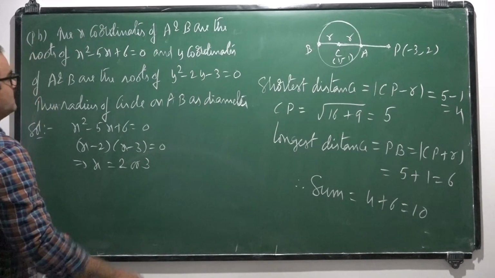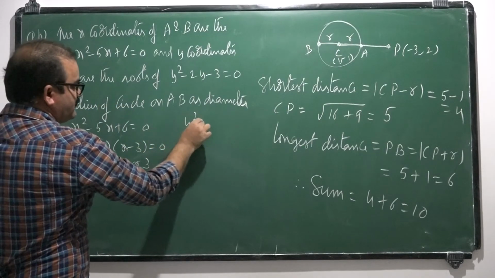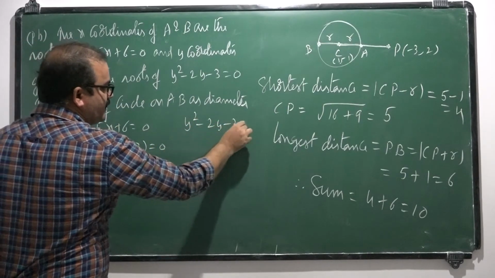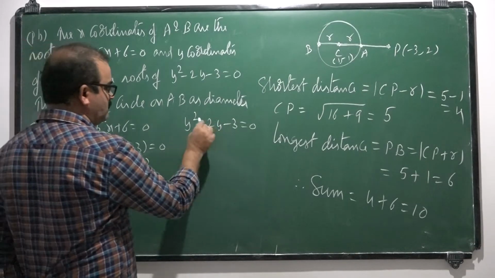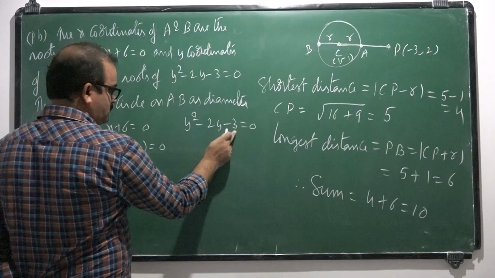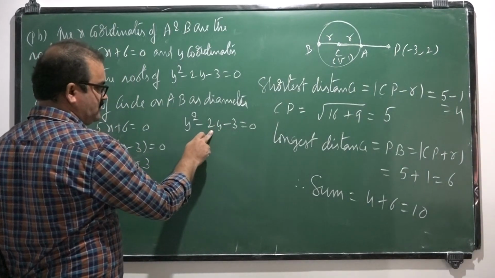Next, y coordinates of A and B are the roots of y square minus 2y minus 3 is equal to 0. Find the roots of this equation. 3 into 1, 3 minus 1, 2.